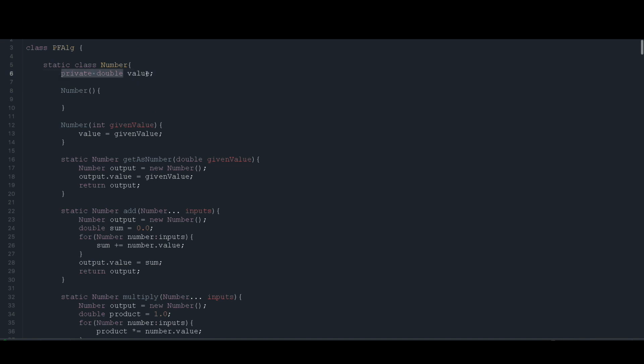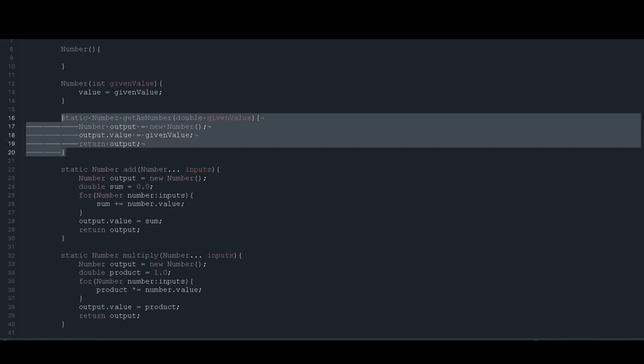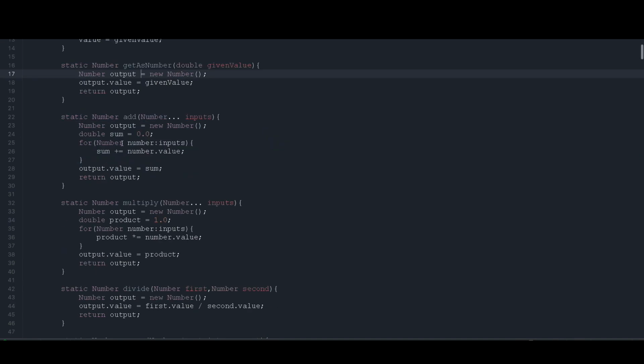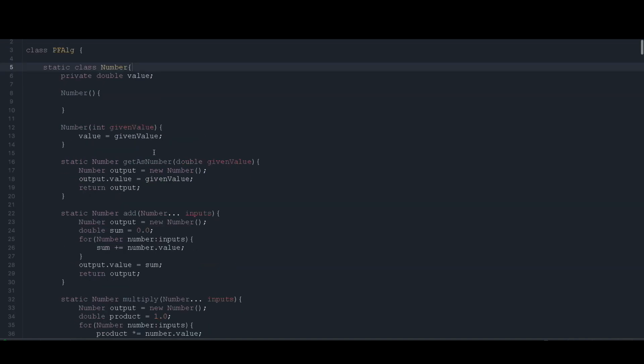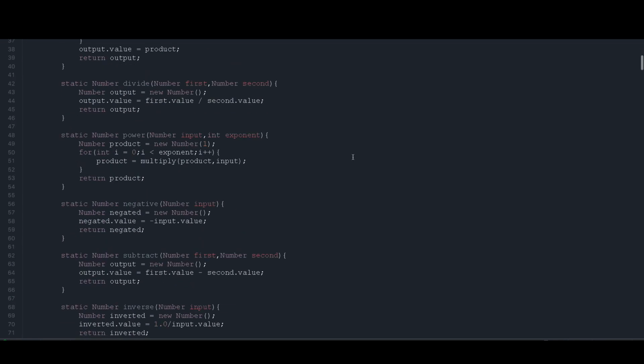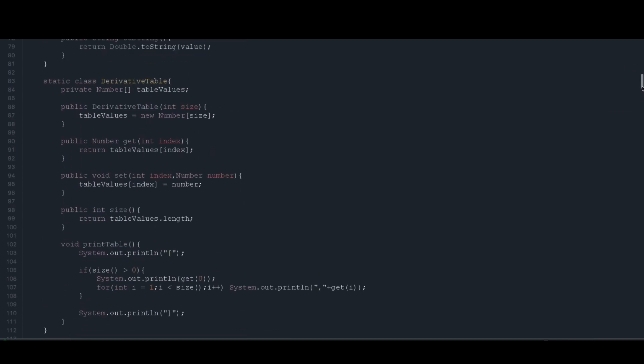This value is hidden, so you can't actually ever access the double. This method is never used in the algorithm. This is just when you're entering in the value, but it's also kind of immutable. You can't change it once you create a number; it stays that value. So that's the number class.